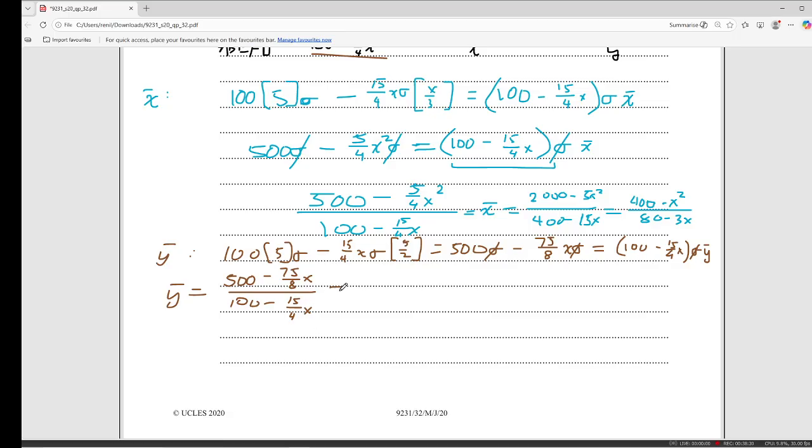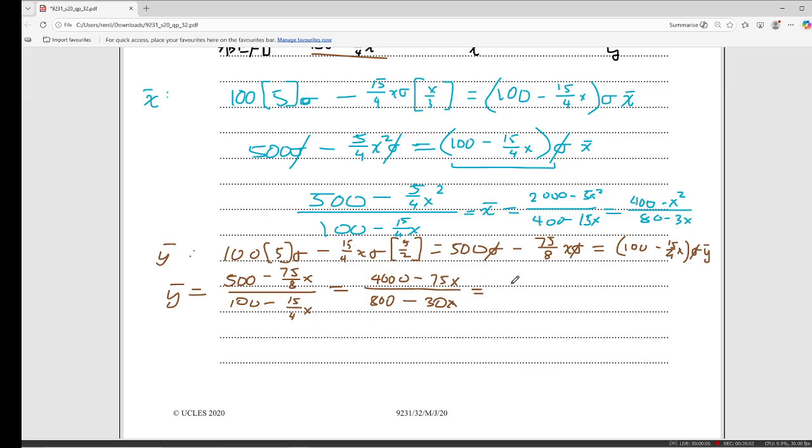Y mean. Now let's multiply 8 on both sides, numerator and denominator. So the numerator multiplied by 8 gives me (4000 minus 75x) whole, divided by 8 times this will give me 800, and we subtract that from 8 times this, which is 30x. Okay, so we can do that. And now let's find a common factor, and then we can divide it overall.